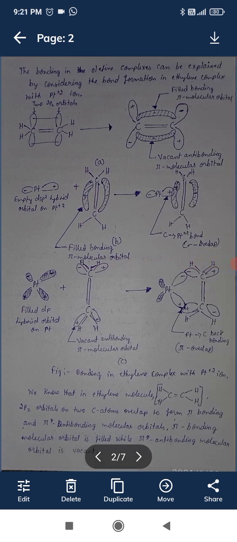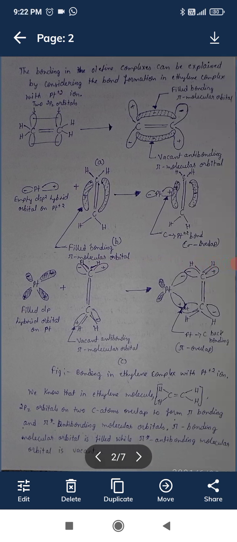The metal always has vacant orbitals, and ligands always have filled orbitals. They donate electrons to the metal, and this is the common process of bonding in any such bond. The ligand donates electrons to the metal and forms a sigma overlap.